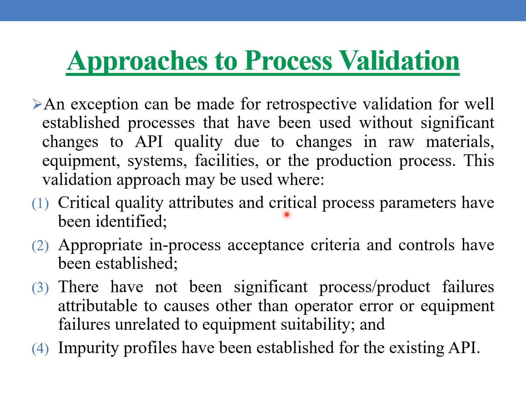This validation approach may be used where critical quality attributes and critical process parameters have been identified, appropriate in-process acceptance criteria and controls have been established, and there have not been significant process or product failures attributable to causes other than operator error or equipment failure unrelated to equipment suitability. Impurity profiles have been established for the existing API. If these things are available, then you can go for retrospective validation.